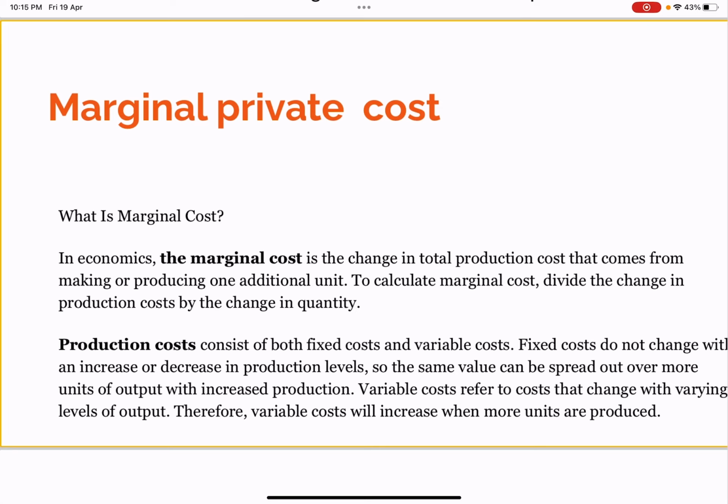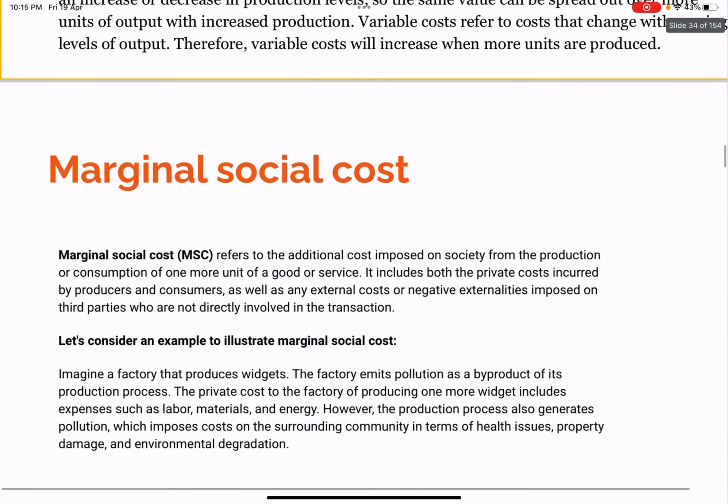If you do that division, that would give you the marginal cost. So it's simple that way. It's a delta change in production cost per delta change in the quantity.